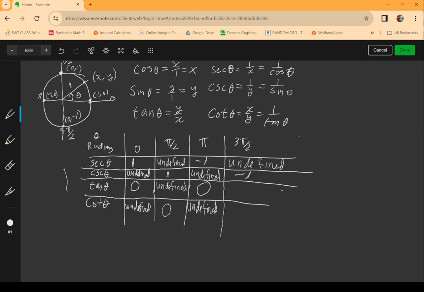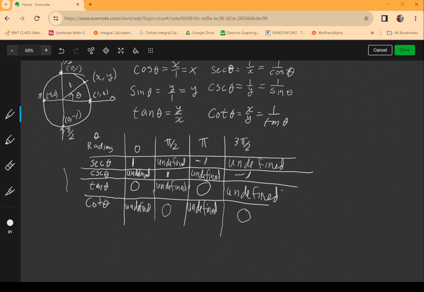Moving along to the tangent of 3 pi over 2, looking at the coordinates, y is negative 1, x is 0, so x is in the denominator, so here we have undefined. And lastly, for the cotangent, when x is in the numerator, we get 0 over negative 1. Again, that's fine. It just results in the value of 0.